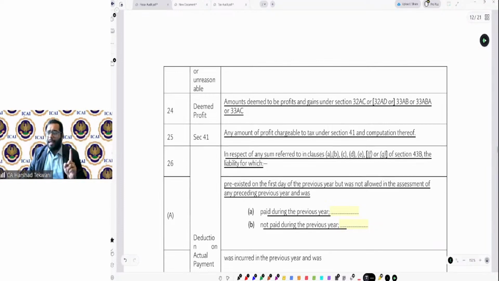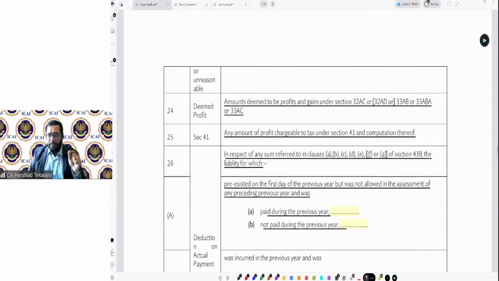So 43B, guys. Now 43B talks about deduction in respect of amount when actually paid. If you pay the amount, then only you will get the deduction.